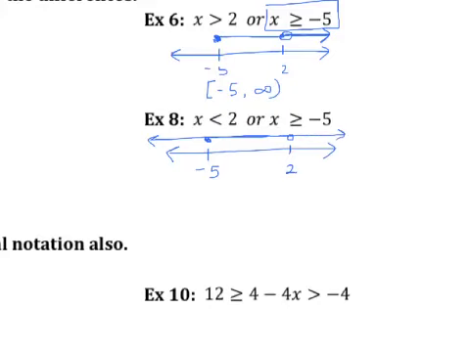So really, that open circle can be taken out because you're going to go straight through it because 2 is an answer because it is greater than or equal to negative 5. Remember, only one has to be true. In this case, our interval goes from negative infinity all the way to infinity. In other words, all real numbers will be our answer.